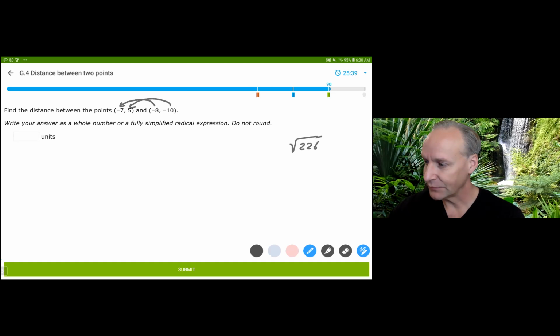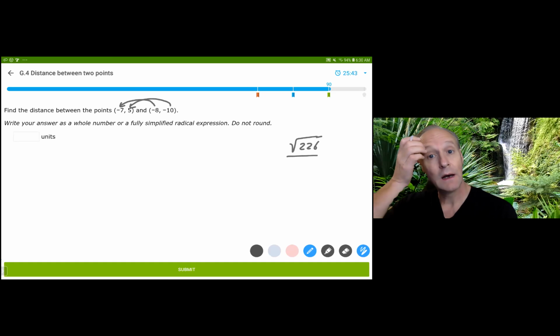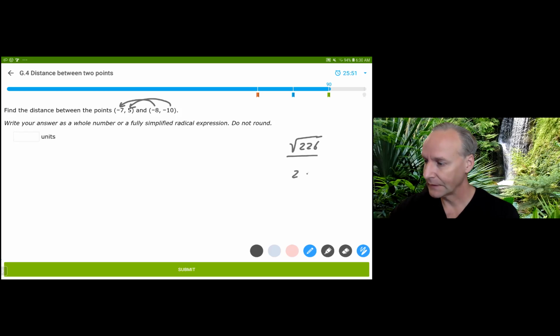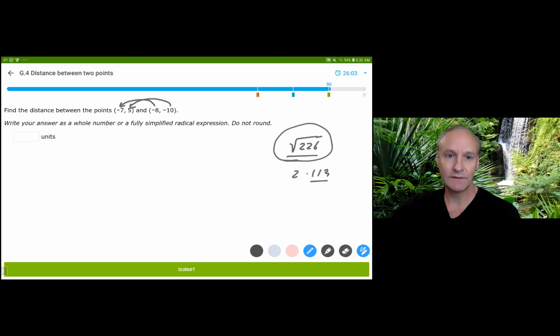I don't think it has any perfect square factors because 4 doesn't go into 226. No really nice factors that I can think of. That's 2 and 113. And I do believe that 113 might just be a prime. So it looks like we're pretty much done at that point. The square root of 226 is probably the only one we want. And it's a little tiny bit bigger than 15 because 15 squared is 225.